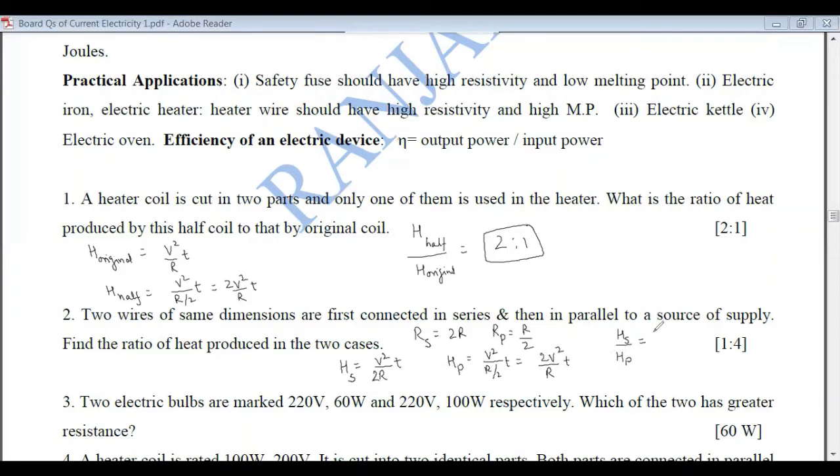So here we get V square upon 2R into T divided by 2V square upon R into T. V square upon R into T cancels out, and hence the ratio is 1 is to 4.